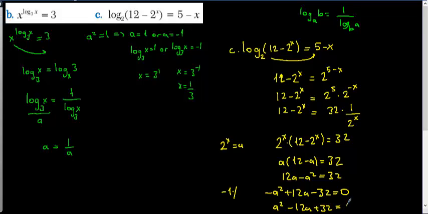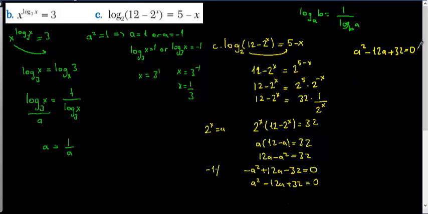If we factorize, 32 is 16 times 2, or 8 times 4. Yes, minus 8 and minus 4. Minus 8 times minus 4 is equal to 32.